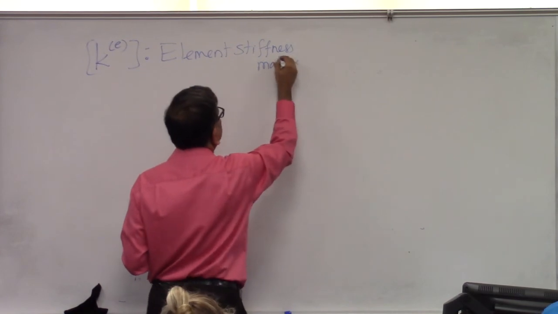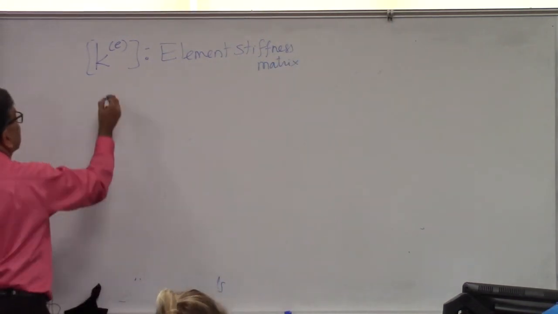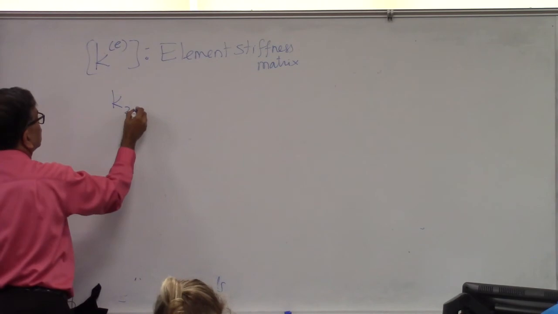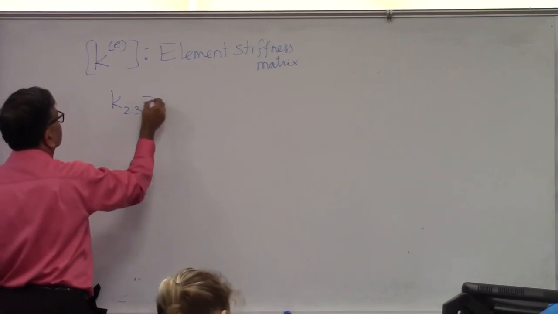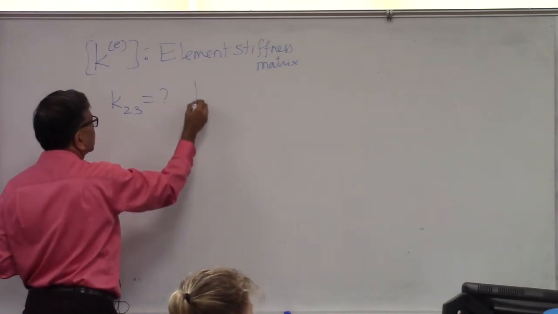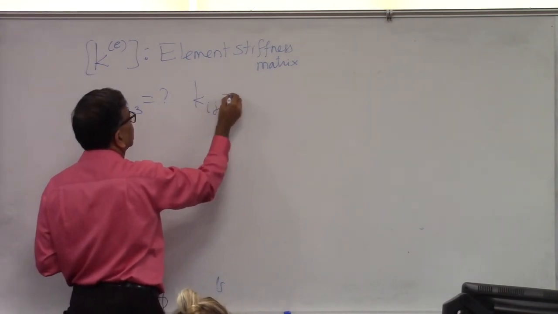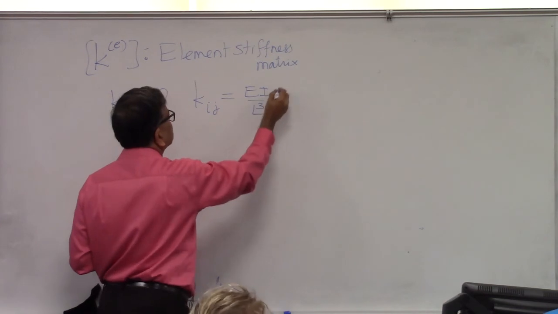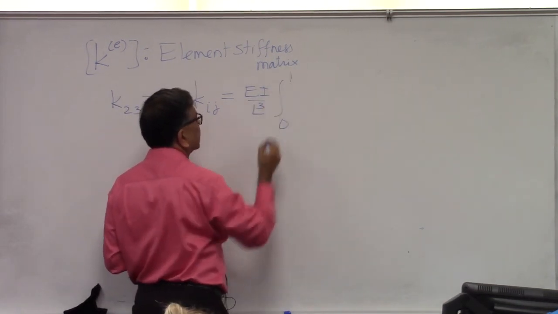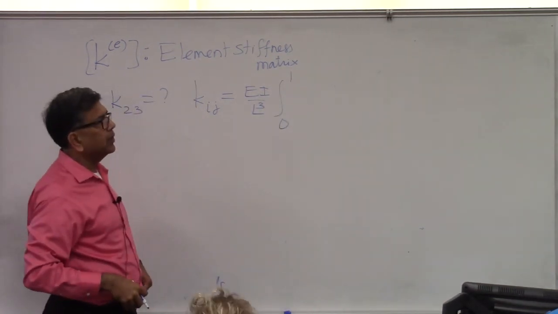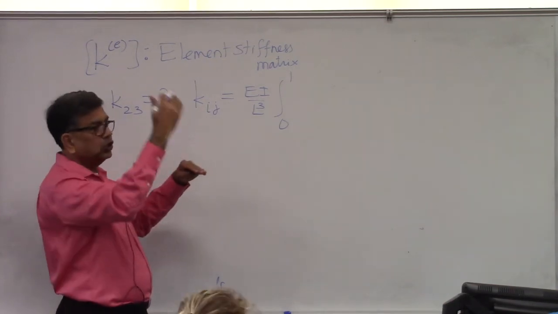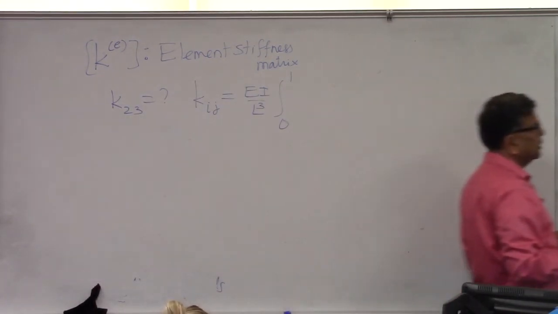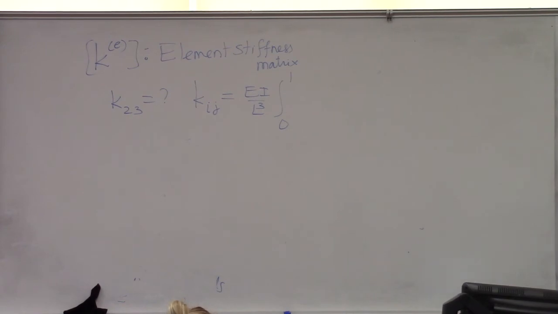So if you want to calculate in the exam, I will ask to calculate what is K23, something like that. But in general, the formula for Kij will be EI over L cubed of the element, integral 0 to 1. Can anybody tell from looking at it is a ith row and the jth column. If you know the matrix multiplication, you have to take the ith row on this matrix and jth column in this matrix and multiply.